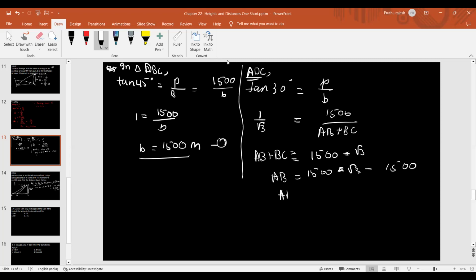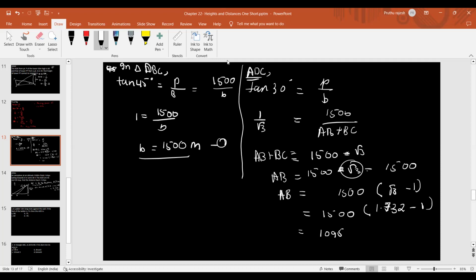So you can take AB equal to 1500 into root 3 minus 1. So you can take root 3 common here. So if you solve, you will get 1500 into 1.732 minus 1. You get approximately 1095 meters.